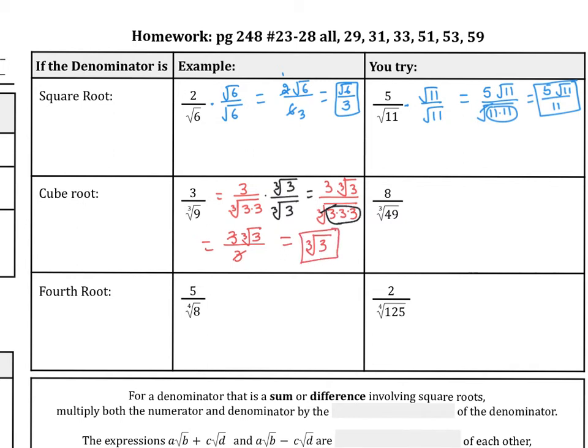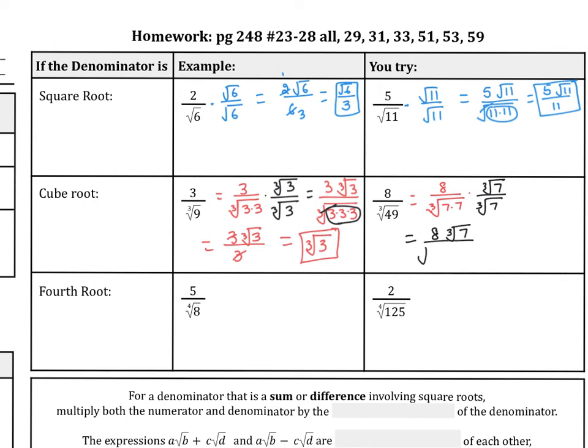Next is 8 divided by cube root of 49. So we can factor the bottom, 7 times 7. We need one more 7, so we are going to multiply top and bottom with one more 7. What we get here on the top is 8 times cube root of 7.